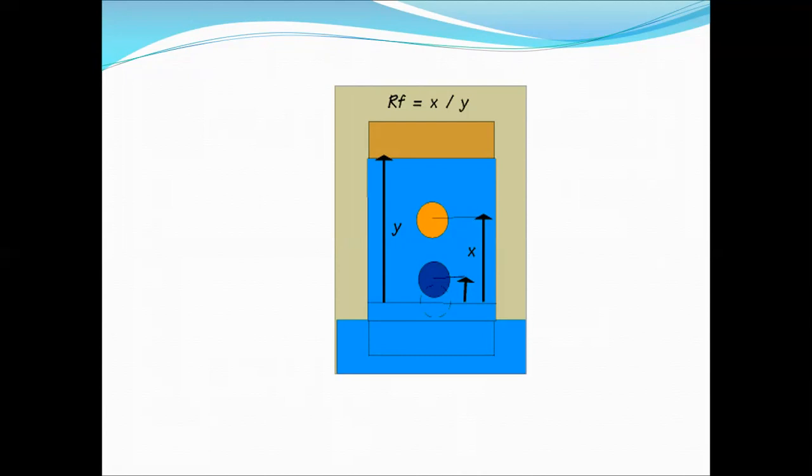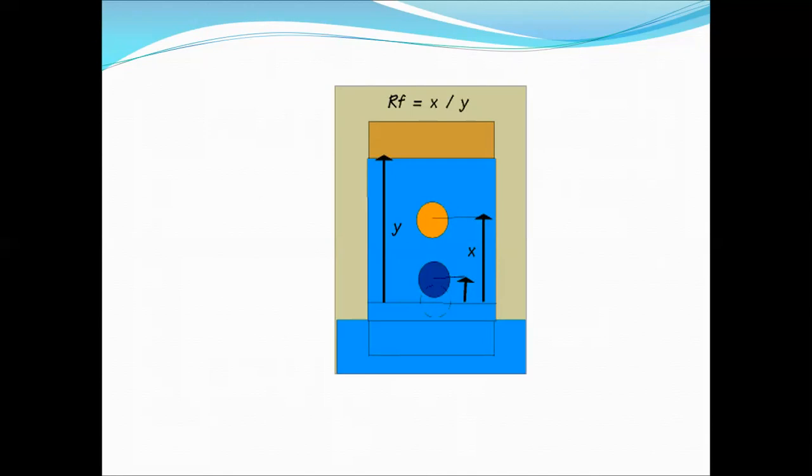As the mobile phase moves from the bottom of the container along the slide, the compound mixture gets separated. The one which has more retention or adsorption stays here, and the one which moves faster along with the mobile phase gets separated.